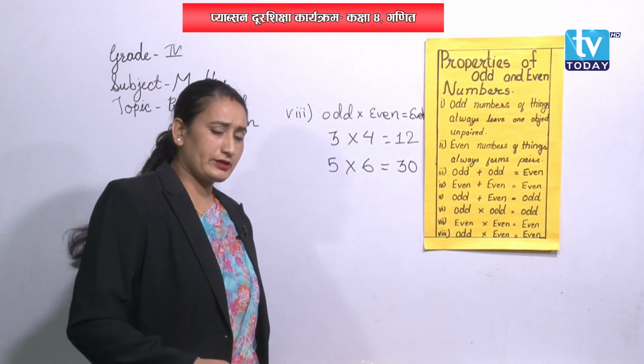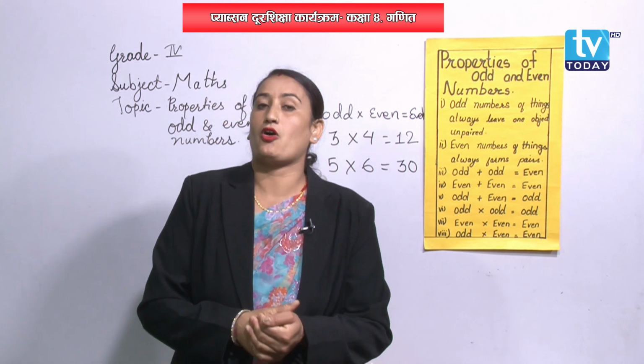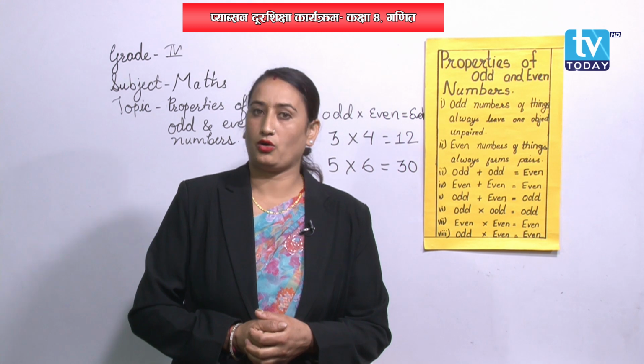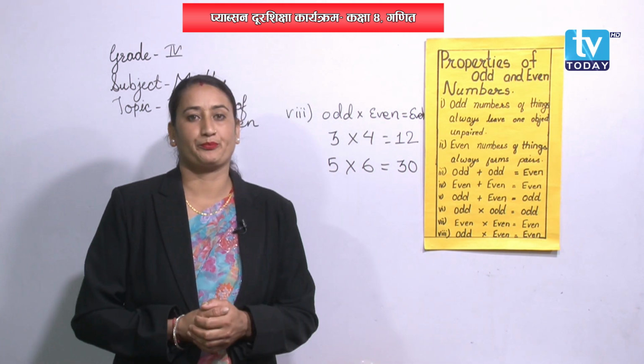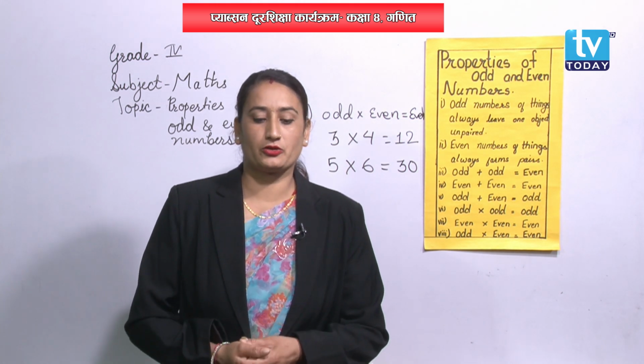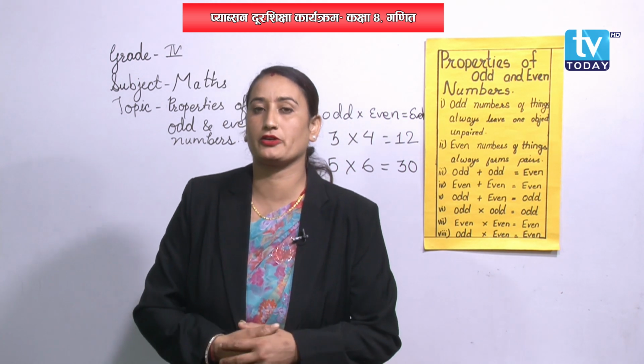Okay, now have you remembered all the 7 properties of odd and even numbers? Yes or no? Of course, if you are not writing in your notebook, here is a short review of all these properties. Please go on copying in your notebook.